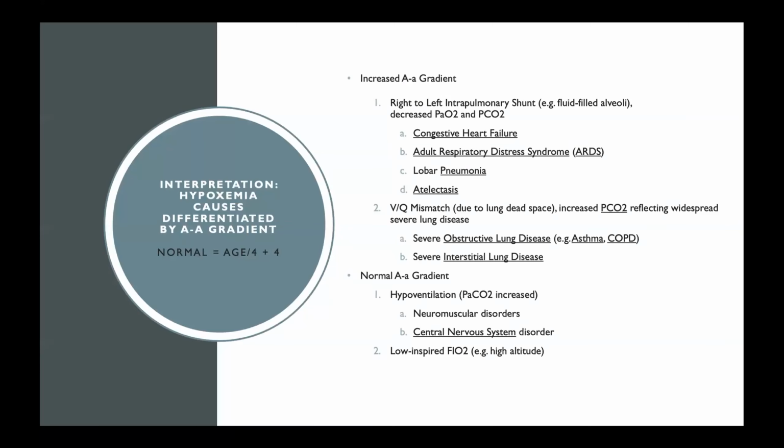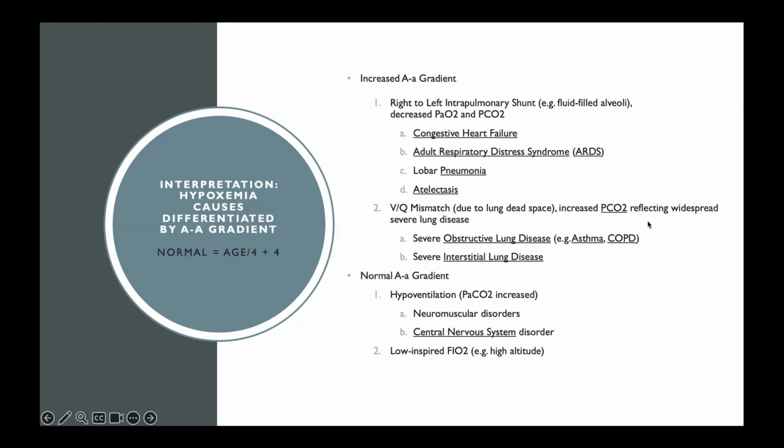In these situations, the gradient goes up. So if somebody on ventilation has a raised gradient, you should suspect something has happened: the patient got ARDS, pulmonary edema, pneumonia, or collapse due to a ventilatory problem. Or there could be a VQ mismatch, right?